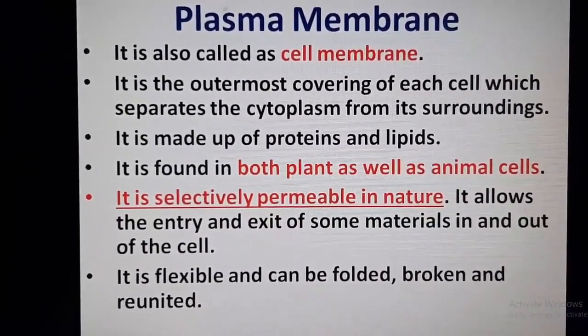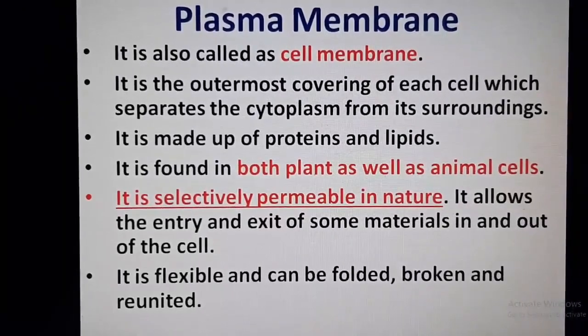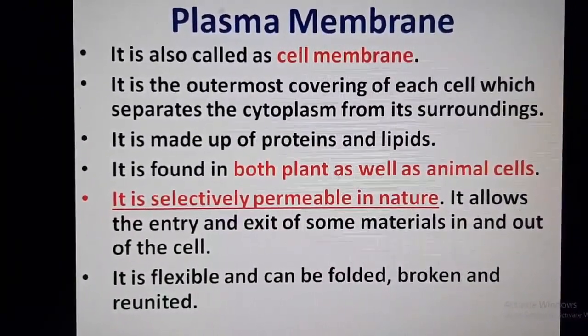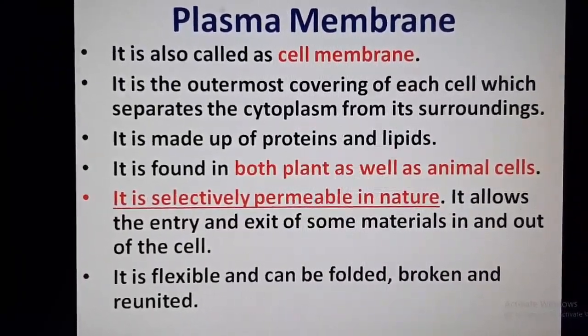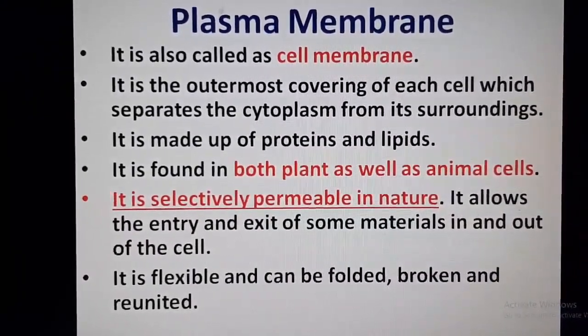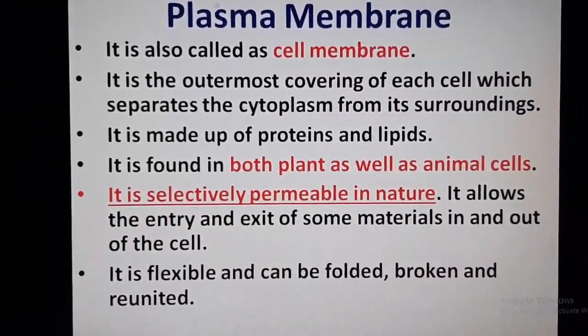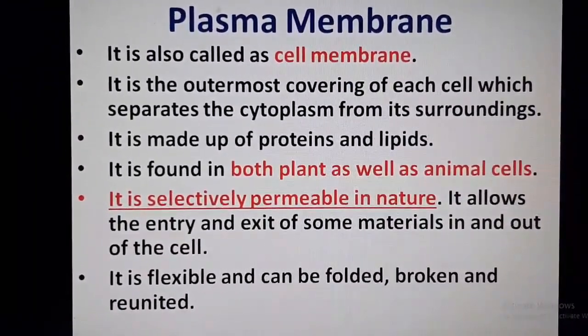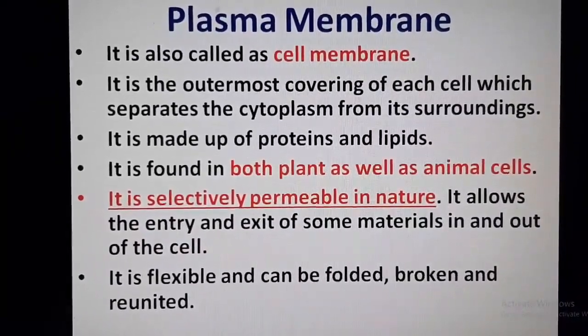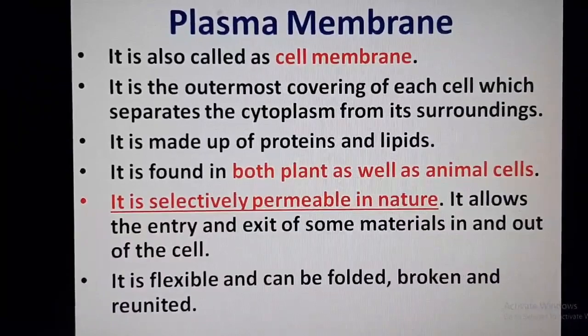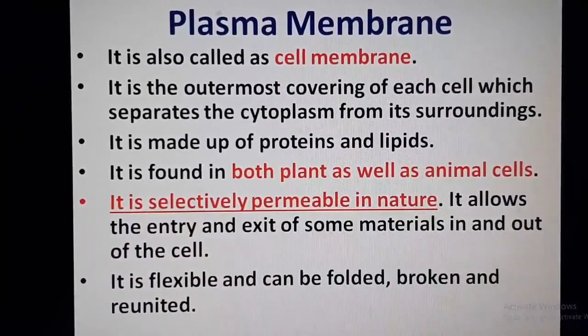As the name indicates, it allows the entry and exit of only selective materials in and out of the cell. That is why the plasma membrane is called a selectively permeable membrane. This membrane is also flexible in nature. Flexible means it can be folded, it can be broken, and it can be reunited. So this is about the plasma membrane.